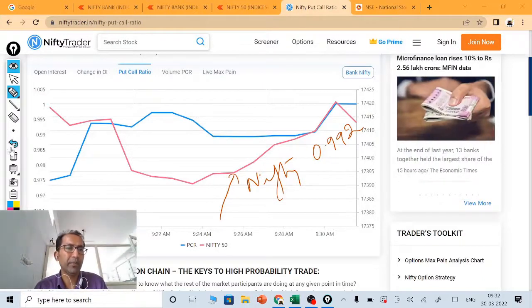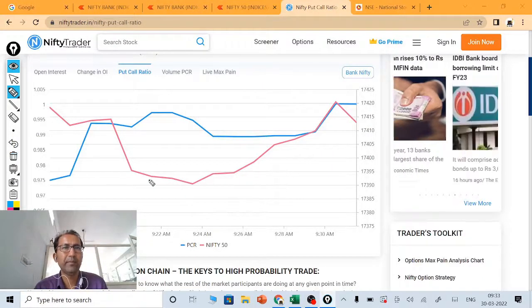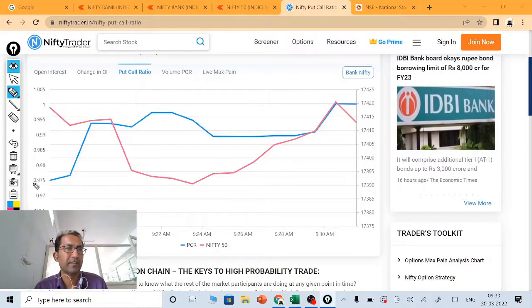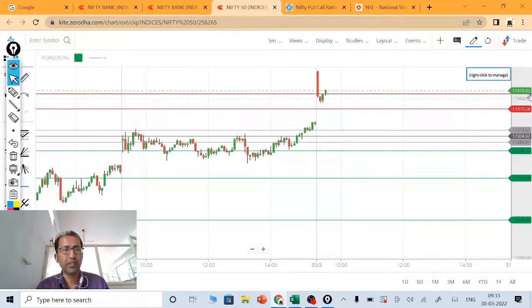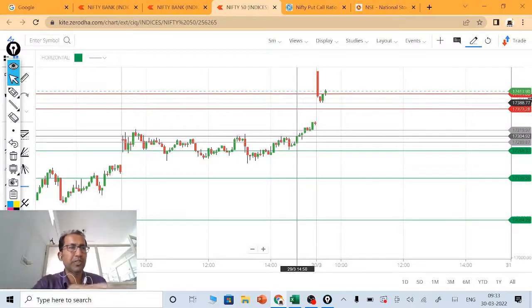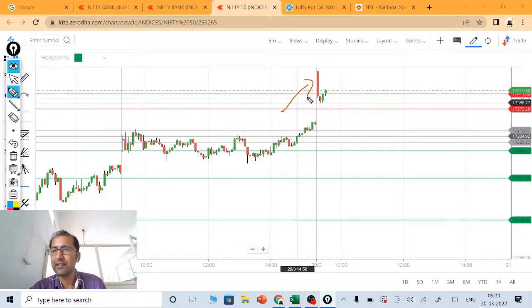Now the very important part in my presentation: let me come to the Nifty chart first. There was a huge gap up today in the morning. You can see the first red candle, a huge gap up. The market opened with a huge gap up and did not sustain, and currently the market is trading at around 17,419, exactly at the resistance level, that is 17,411.